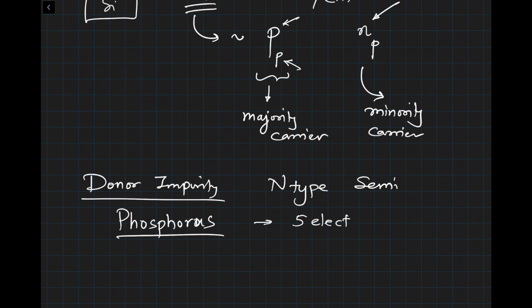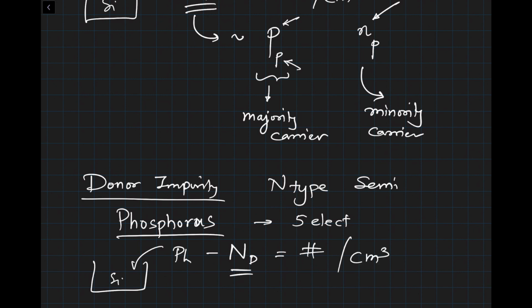Now, when you dope silicon with phosphorus, the donor impurity concentration is called Nd, again given as a number per cubic centimeter.